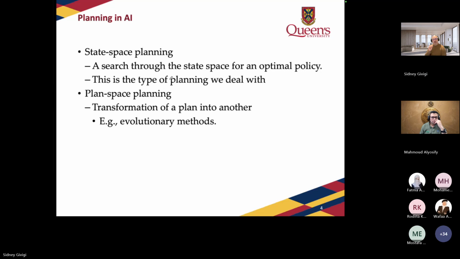Okay, there is a different type of planning. That is when we transform a plan from one space to another space. One typical example of that is evolutionary methods, like genetic algorithms.